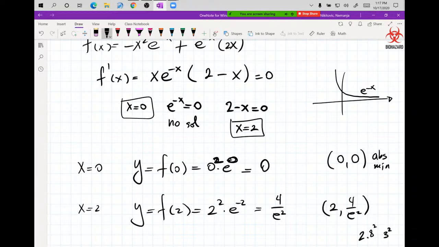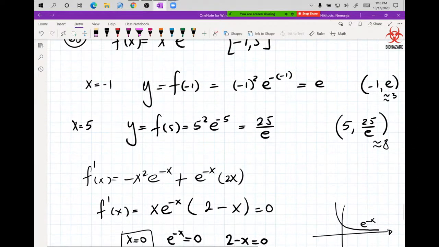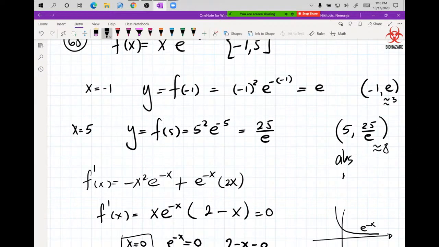That's almost 3 squared. That's a 9. 4 divided by 9, roughly speaking, is a half. So you can punch it in a calculator if you don't like this rounding, but we have a winner for a max. It's the one with the highest y value is the max.